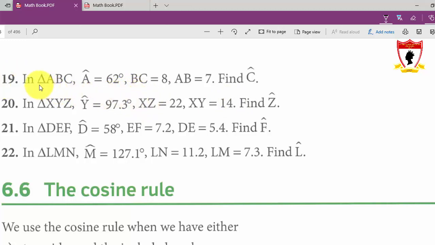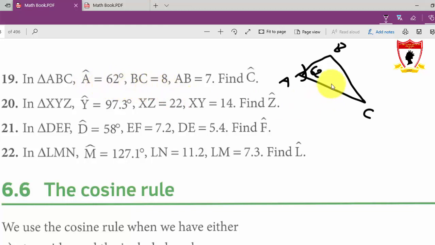Question 19, triangle ABC. Any triangle is okay, because the question doesn't specify the triangle. We're going to call it ABC. You can change this order, but you can't say ACB. Angle A is 62 degrees.